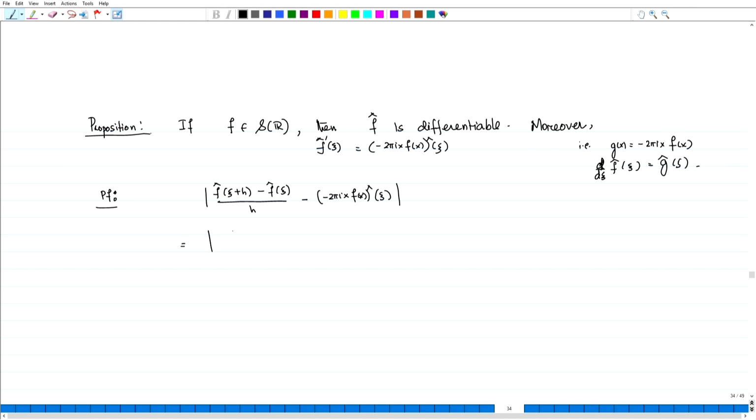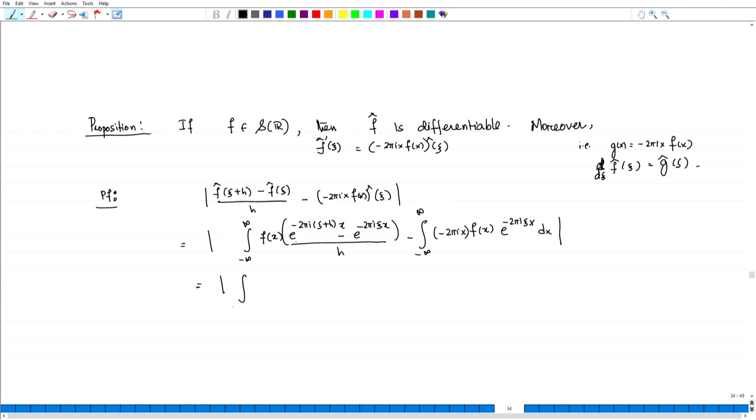Now, this is equal to 1 over h times the integral from minus infinity to infinity of f(x) times e to the power minus 2 pi i (xi plus h) x minus e to the power minus 2 pi i xi x, that is from f hat of xi, and then I can put this as h minus the integral from minus infinity to infinity of minus 2 pi i x f(x) e to the power minus 2 pi i xi x dx, the whole modulus.